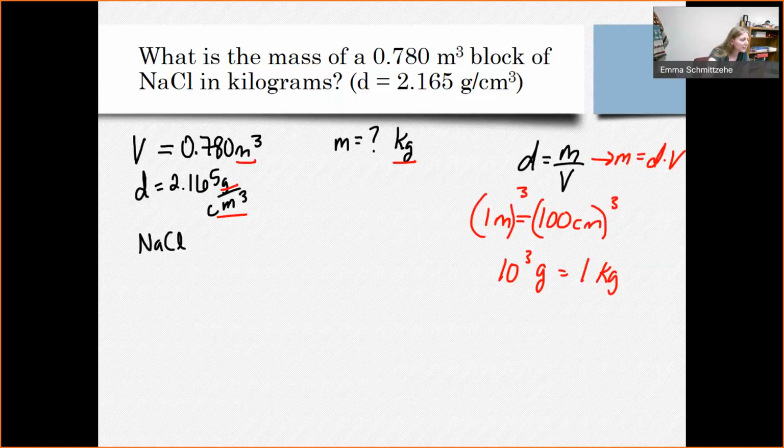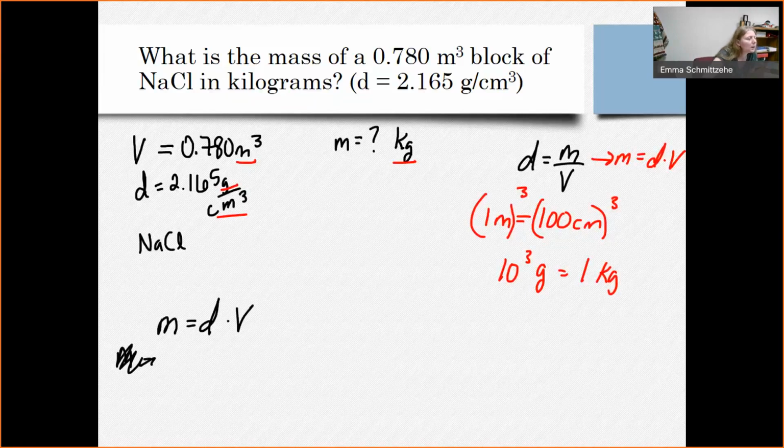I want to use the rearranged form of the equation. So mass equals density times volume.